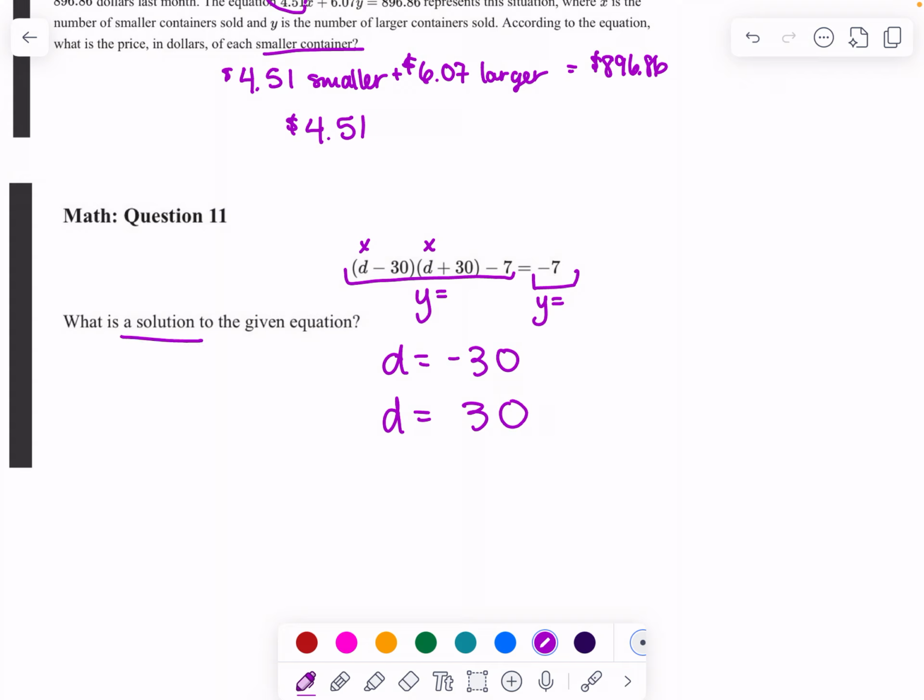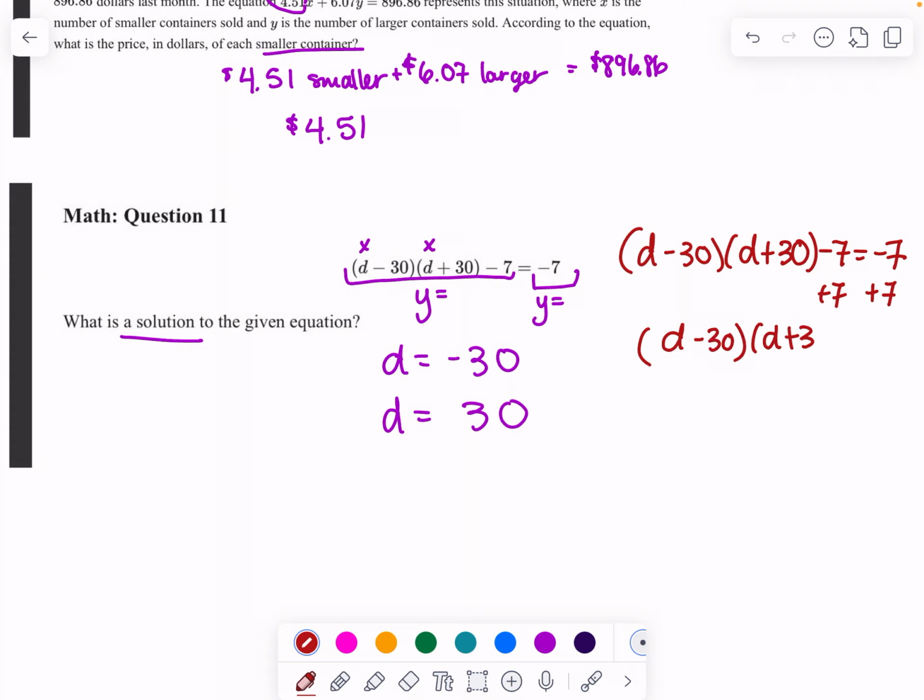If we did this algebraically, we could do D minus 30, D plus 30, minus 7 equals negative 7. If we added 7 to both sides, then we'd have D minus 30 and D plus 30, and if either of these factors equaled 0, then it would be a solution.